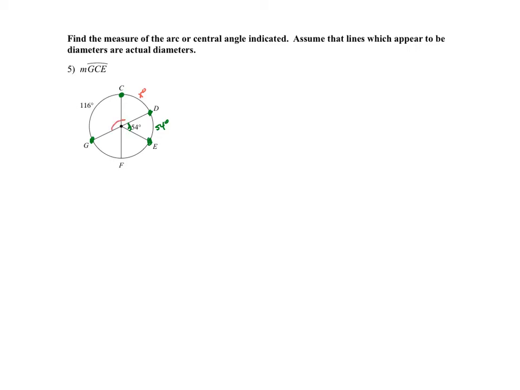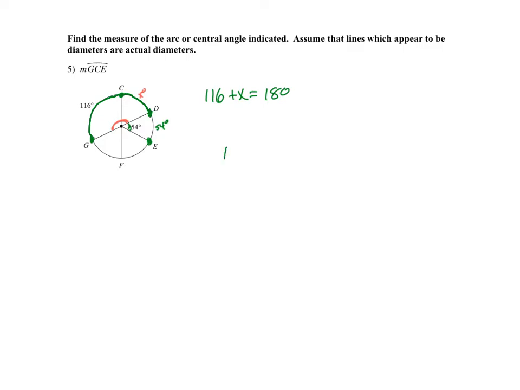Complete this arc. GD is a diameter, so that means that this whole arc equals 180. So that means that 116 plus x equals 180. If we look at this exercise, we actually don't need to find x, because right now this arc right here equals 180.